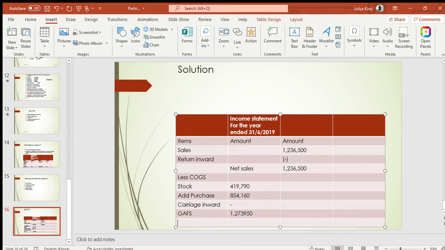Now we are lessing what? Closing stock. What is the closing stock from the additional information? 563,400. So you bracketed, meaning you're lessing.